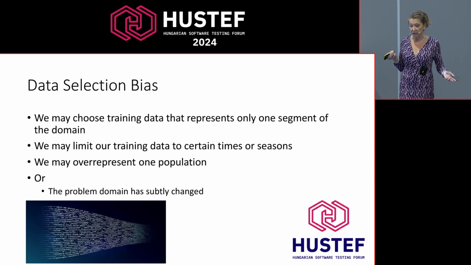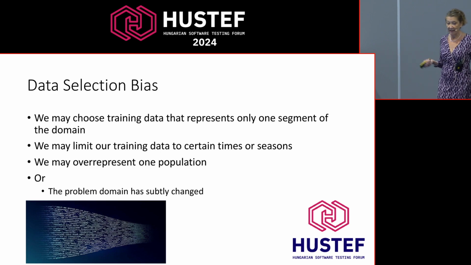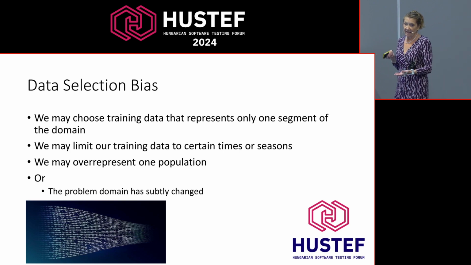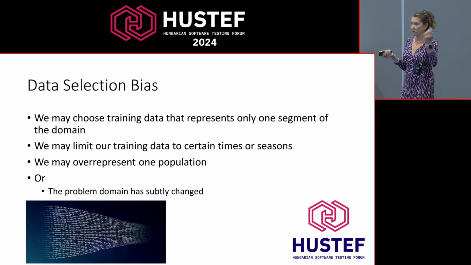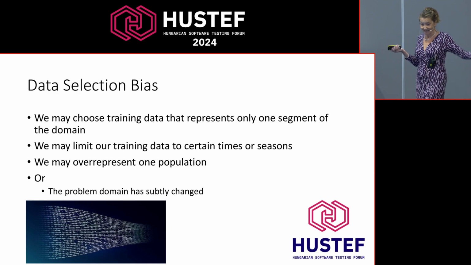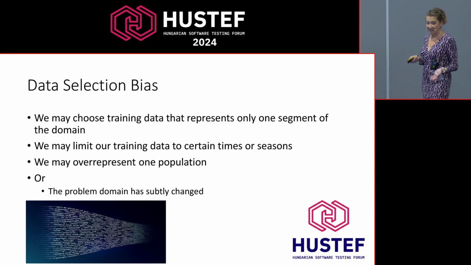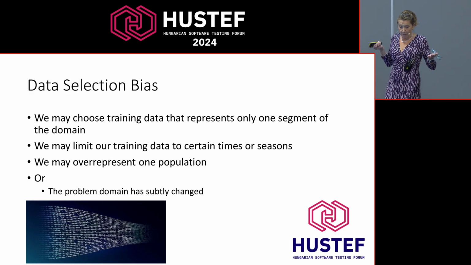So in the data selection, what happens? We may choose data that doesn't represent enough sections of the domain, enough conditions. Even something like a weather app can come out biased because maybe you trained it with all summer data. Maybe you trained it with data in the US versus data in Hungary. And that way we're overrepresenting a population. Or the domain changes. That's the other issue we have to consider here.